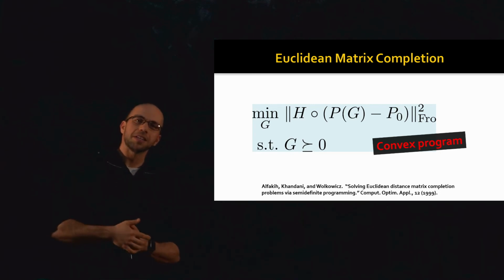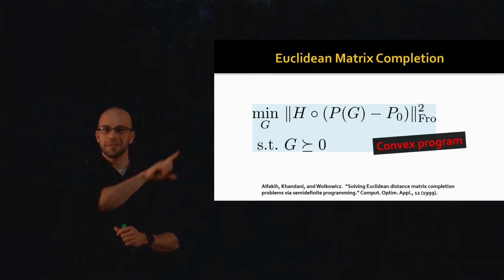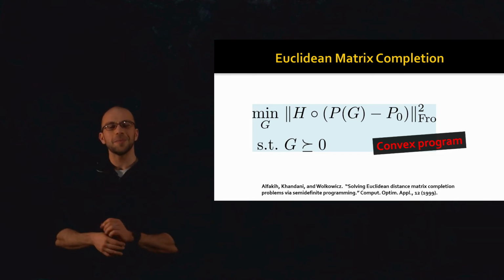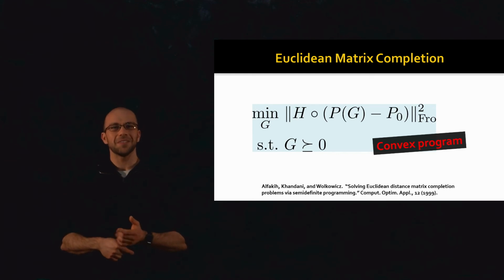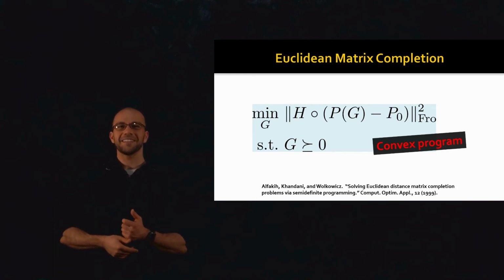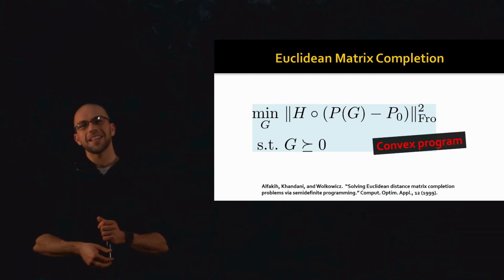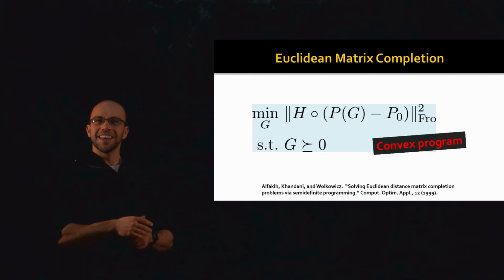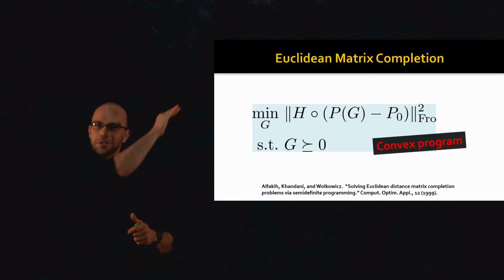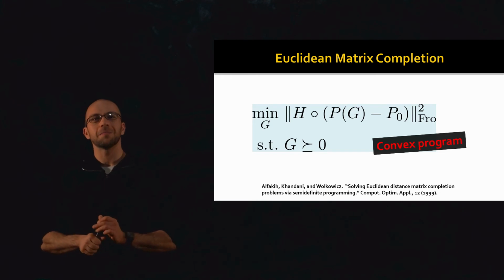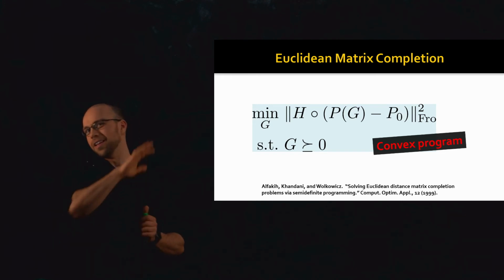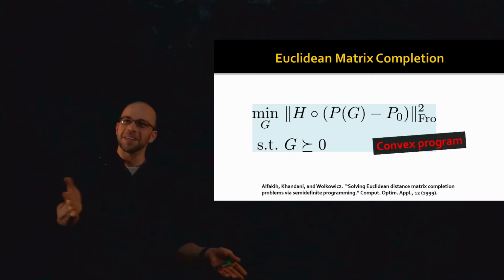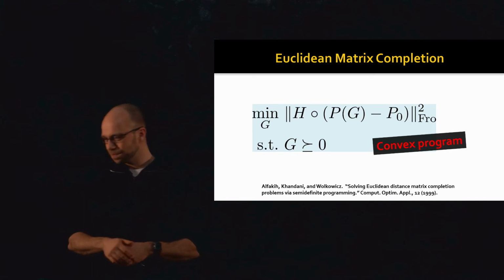The reason that we want G to be a semi-definite matrix, that's what this inequality sign here means, is that we know gram matrices are semi-definite because they look like X transpose X, right? That's the basic conceit here, that we look over all possible gram matrices for the one whose corresponding pairwise distance matrix looks the closest to our input data P naught. So I could run this technique and then run MDS to get my embedding, for example.